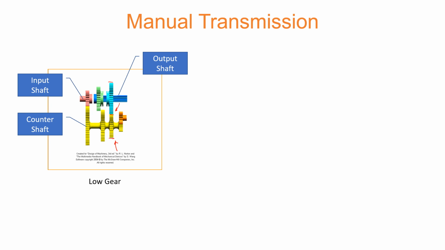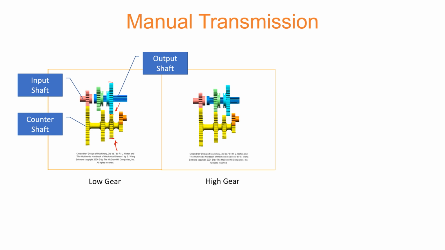Moving on, when the speed of the automobile grows higher, you can obviously reduce the torque, and that is what we call a high gear setting. In that, you can make a comparison with the first diagram, and there is obviously quite a bit of difference.